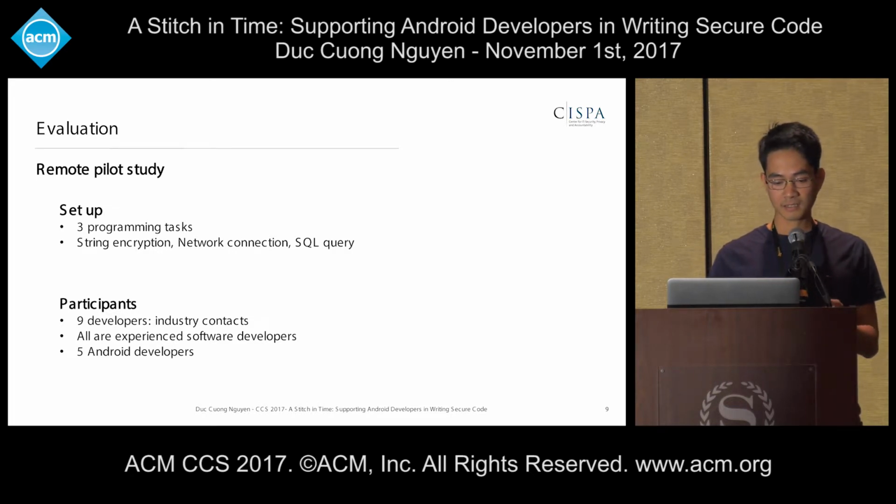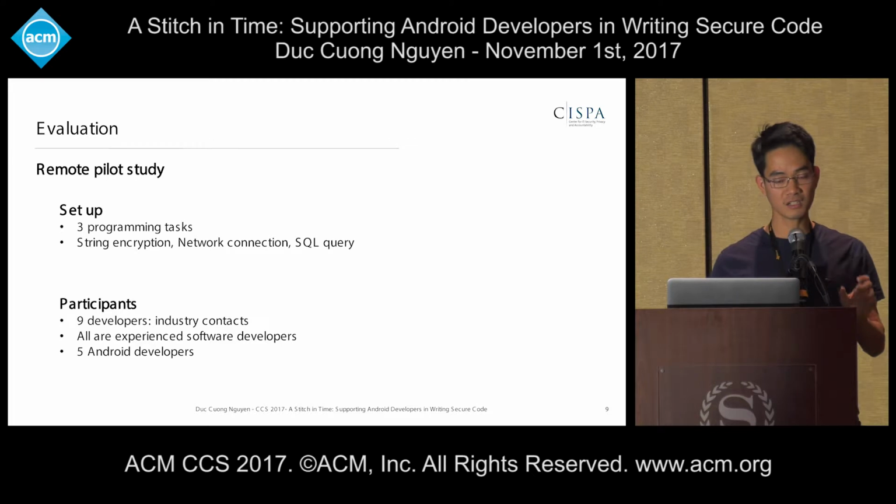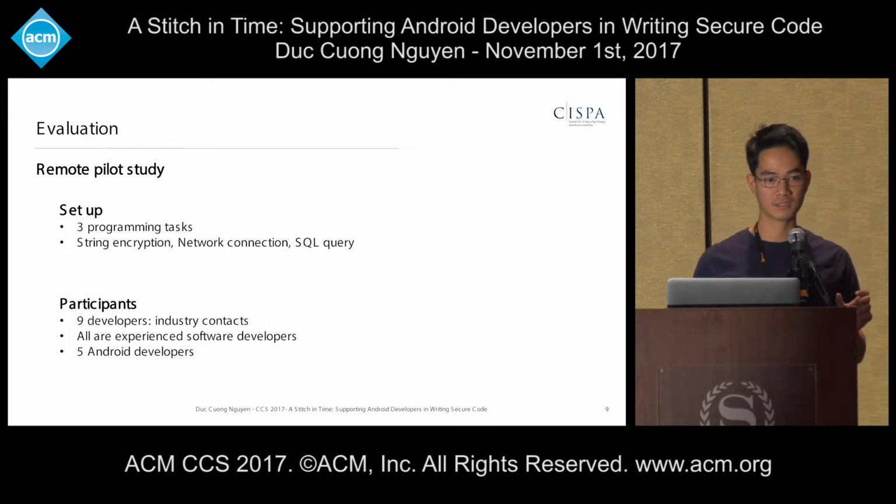So in this task, we give them a string and we ask them to encrypt this string. And for the network connection task, we give them a domain and we didn't give them a protocol, so we ask them to connect to this domain and give us the return status code.